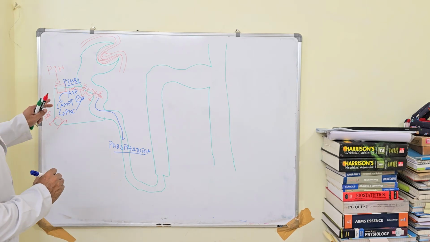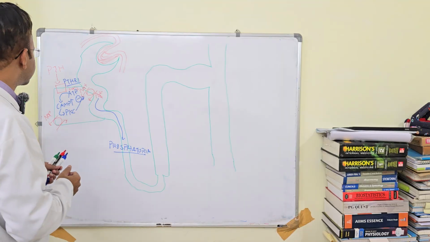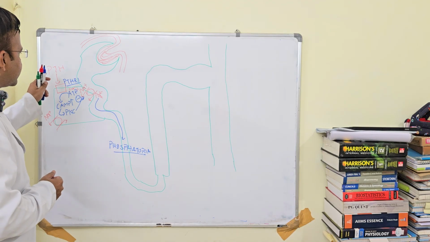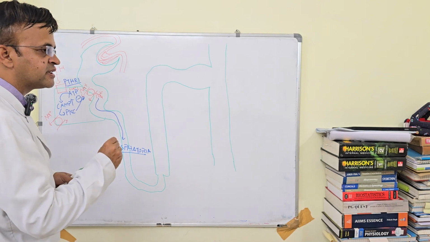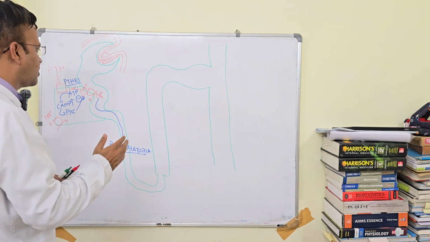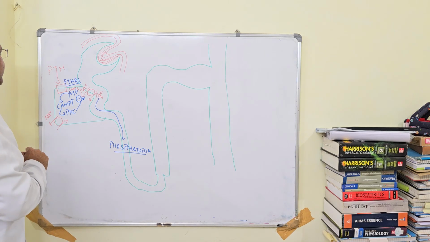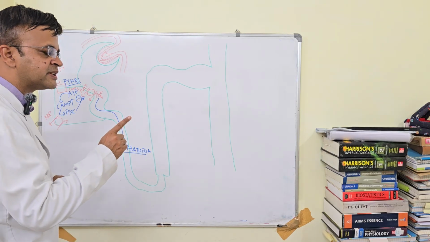If you saw my previous video on how sunlight helps in vitamin D synthesis, in that I have told that the PTH does a very important function in the PCT, because your PCT is very important in the last step of vitamin D synthesis. So which step of vitamin D synthesis happens in PCT?